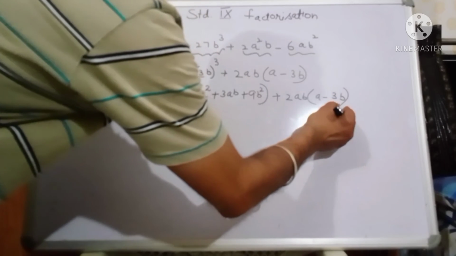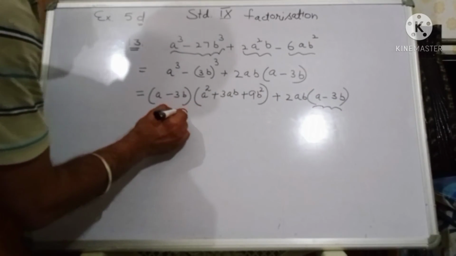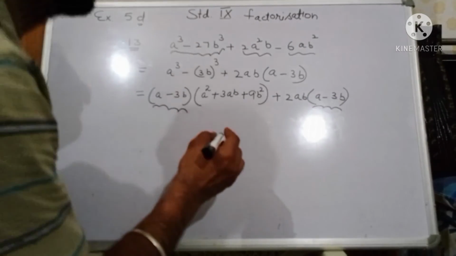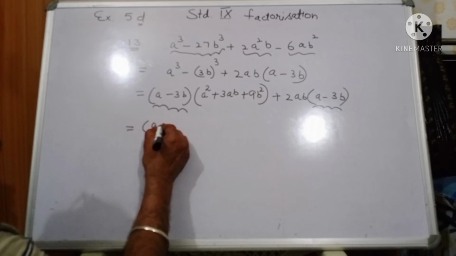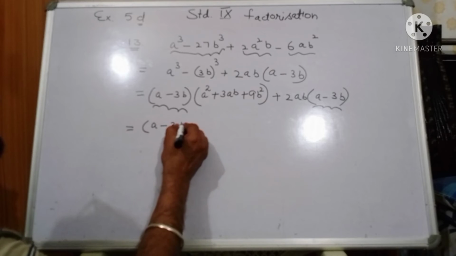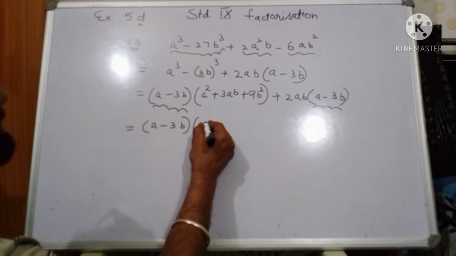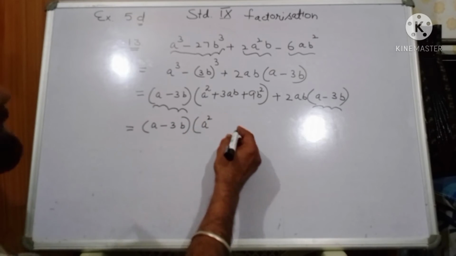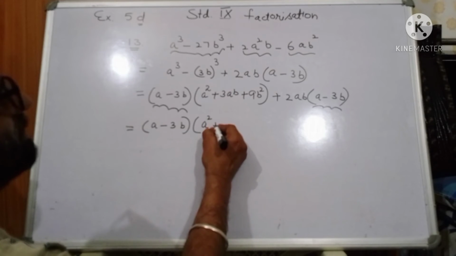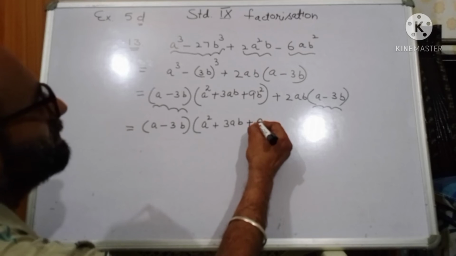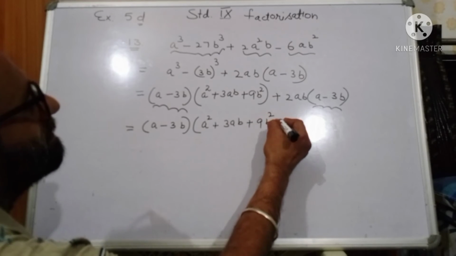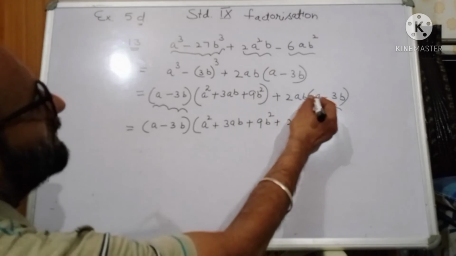Now easily you can see a minus 3b is common. It becomes a minus 3b into a square plus 3ab plus 9b square plus 2ab. What is left here? 2ab.